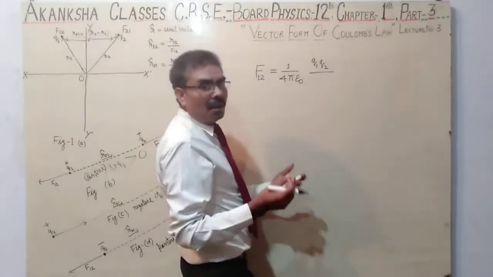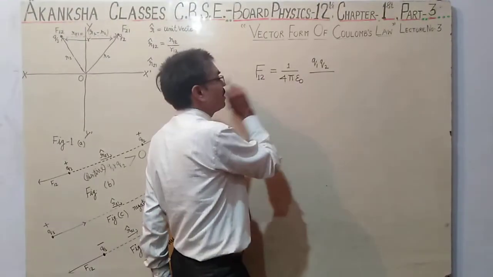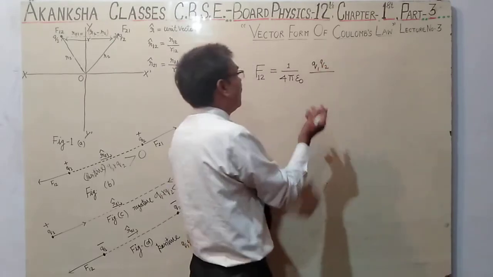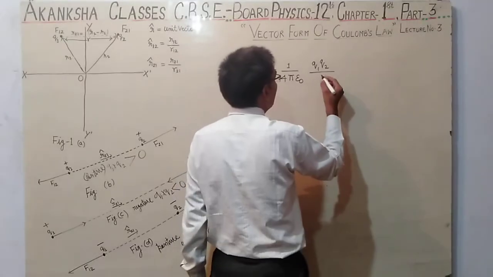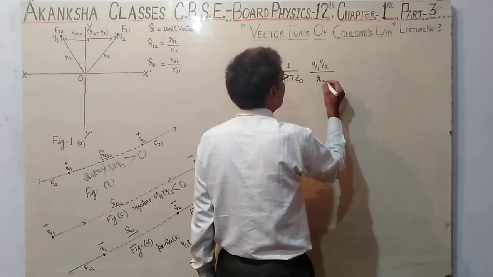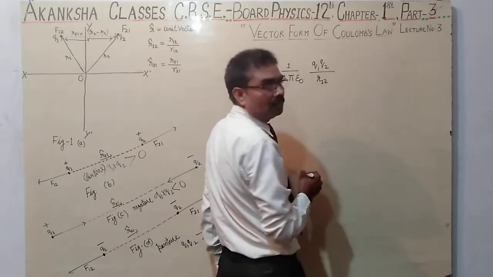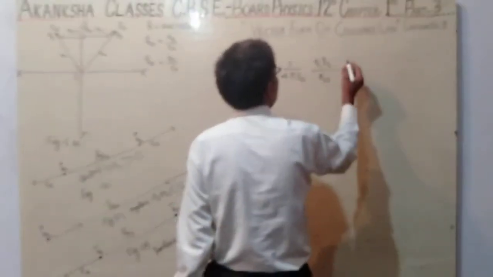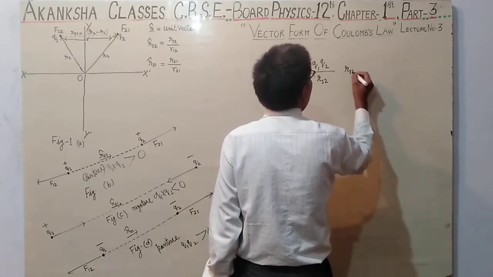Charge 1 received a force. Who exerted force? Charge 2 exerted force. Then we will write Q1 receiver, Q2 sender. Here magnitude of vector r from 2 to 1, and r cap.